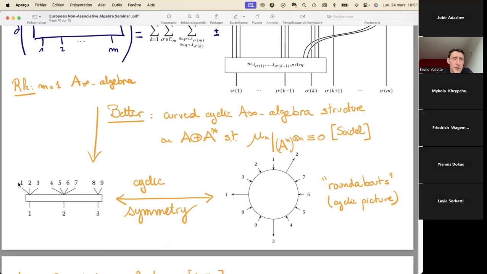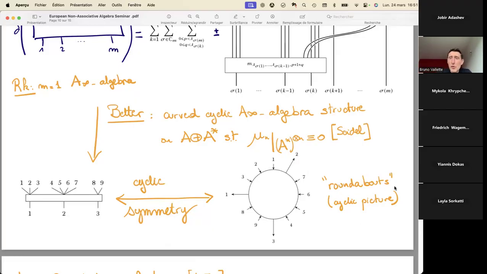When you have three inputs a1 to a3, you put them like this, then you put your output. I'm reading it clockwise: first the output, then the inputs in the other way around, second output, then the inputs in the other way around, etc. And this is very cyclic. Now, if I turn around, up to sign, it works.